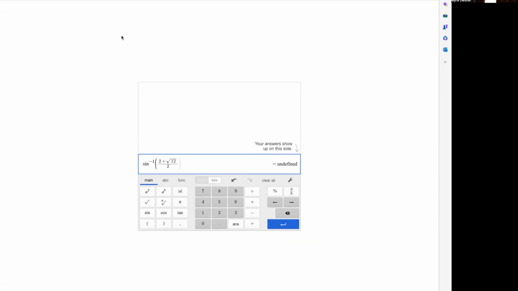So our second one was the same thing except minus the square root of 12. And we're going to do this in radian mode. So rounding it, I get negative 0.82.